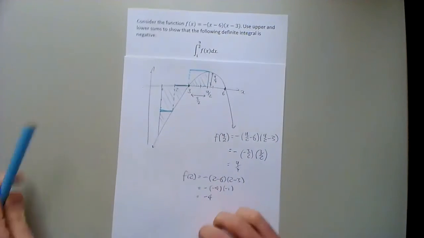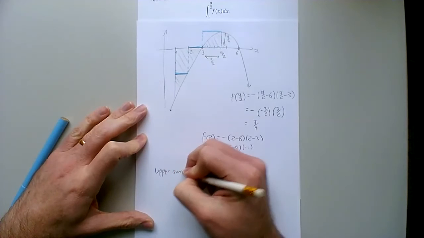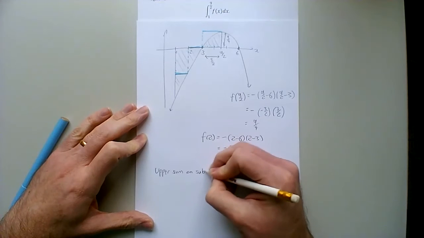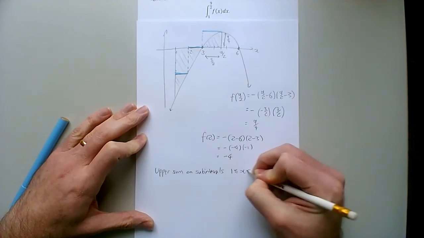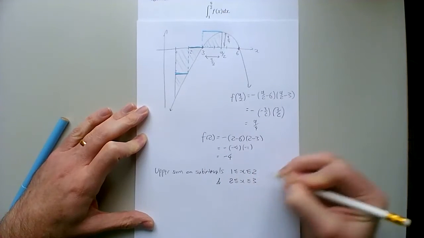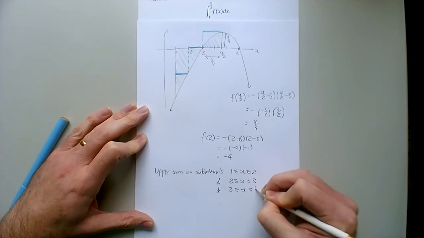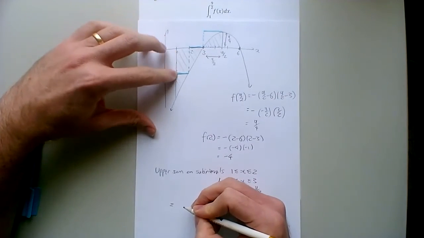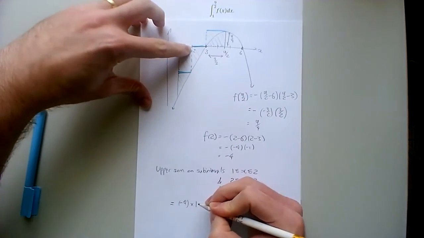Okay, so I'm doing the upper sum on the subintervals from 1 to 2, and from 2 to 3, and from 3 to 9/2. The maximum on the first interval is -4, and then times 1, because that's how wide it is.